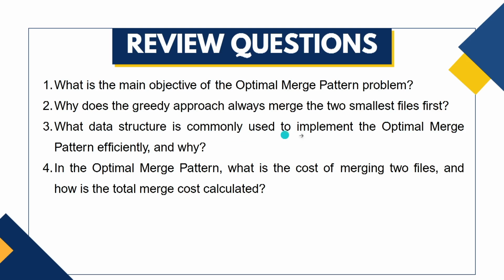And what data structure is commonly used to implement the optimal merge pattern efficiently? We have learned several data structures by this time, of which the min heap would be the best, because at any point of time we want only the minimal element to be returned, so we look for files with the minimal number of records.